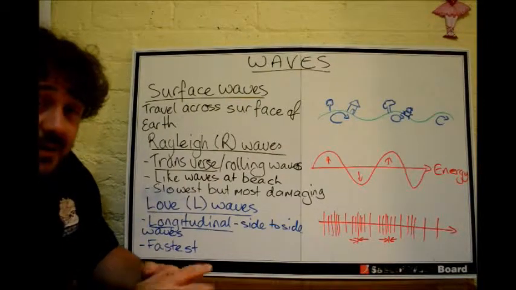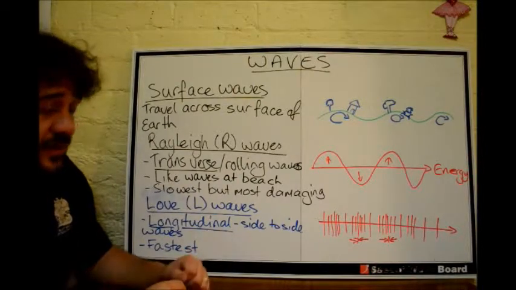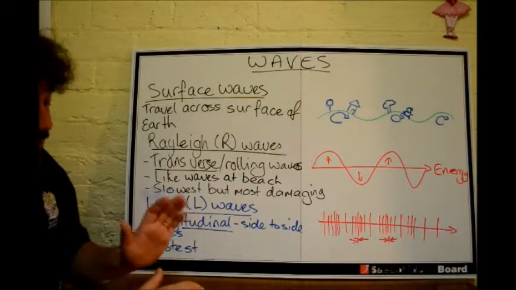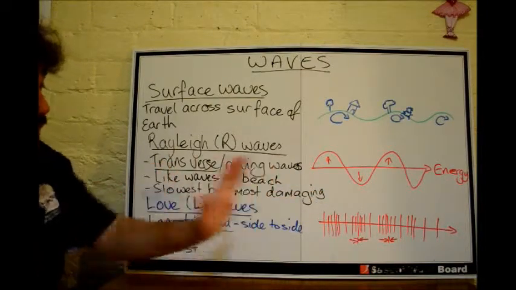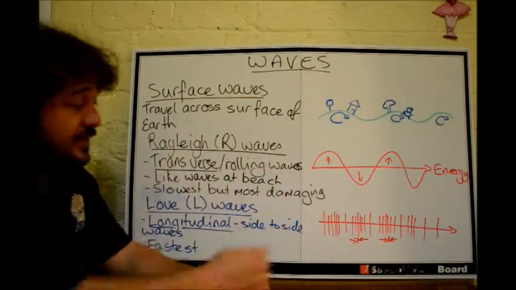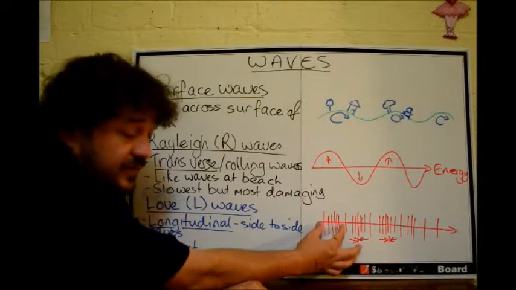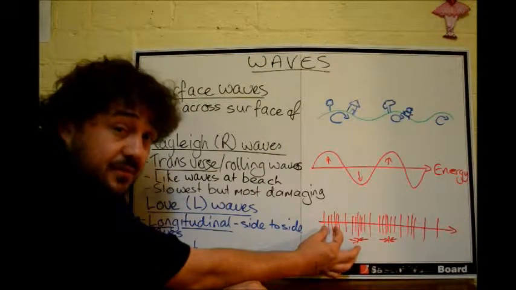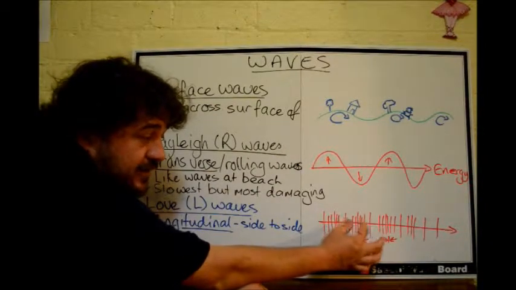The next one are Love waves, or L waves, and these are a longitudinal wave, and that means as the energy is moving that way, they move in and out like this, and you see that here. So here the parts of the surface are squished together, but then they're going to push apart here, squish together, push apart, squish together, push apart.